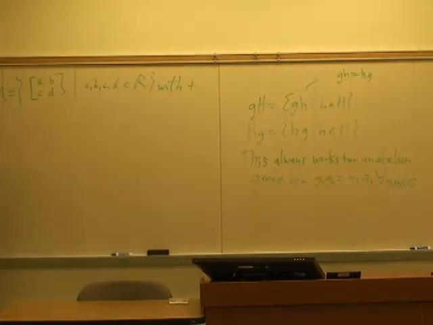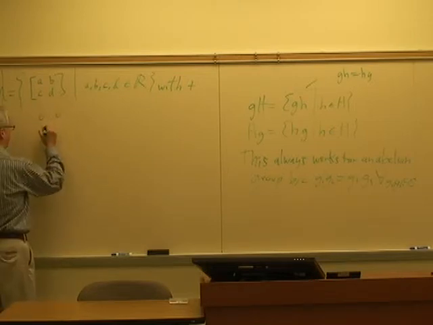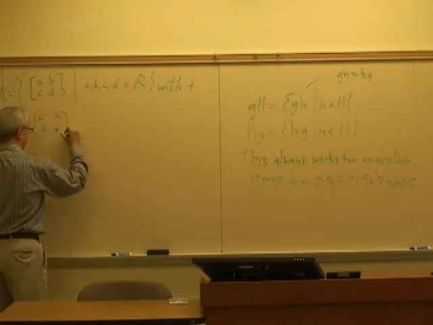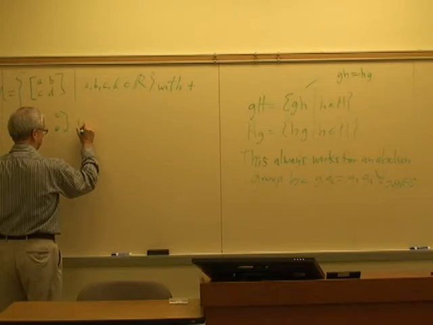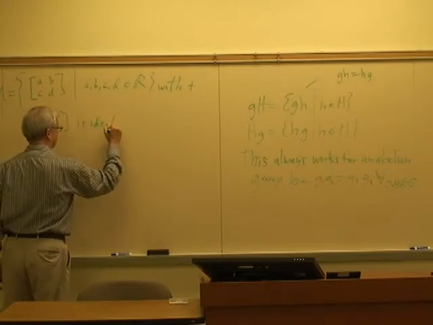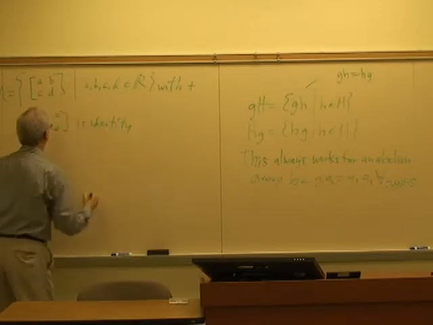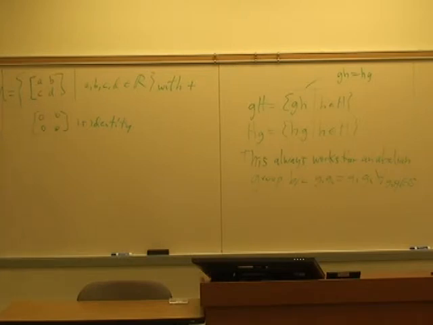That's obviously an abelian group, right? Because the 0 matrix is going to be my identity, all zeros. So 0, 0, 0, 0 is going to be my identity matrix for addition. Obviously, if I add any 2 by 2 matrices, I get a 2 by 2 matrix, so it's closed for sure.